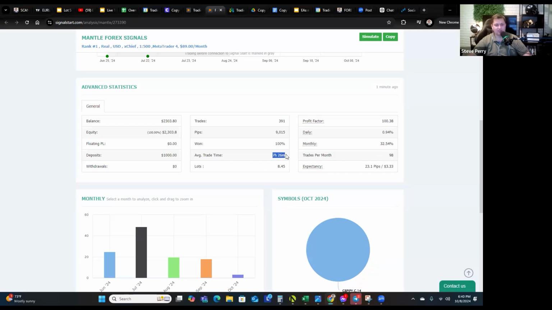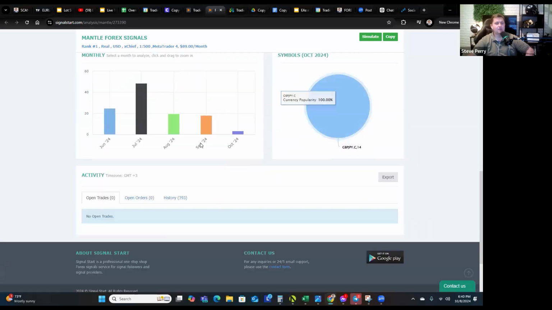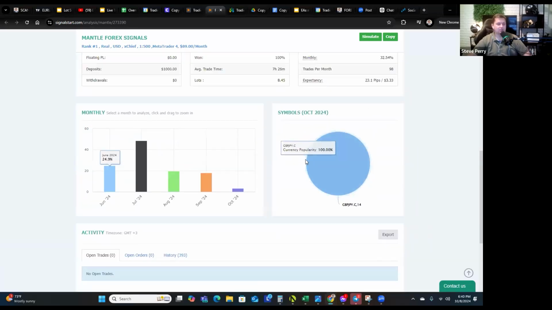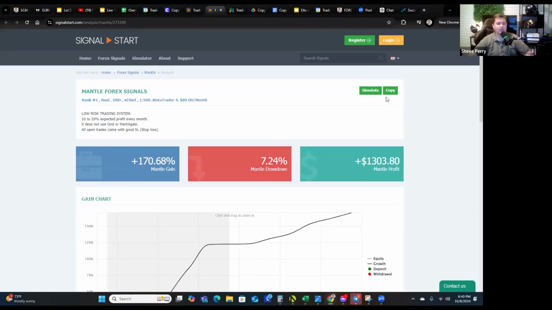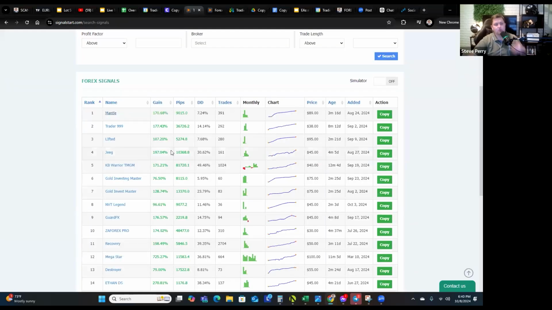Average trade holding time is 7 hours and 26 minutes. So basically this is a place where, if you liked it, you could then copy these guys. If you go back to the homepage here, you can look at all the other ones. Like here's this one called Trader 999. You could click on that and learn more about it, and so on.